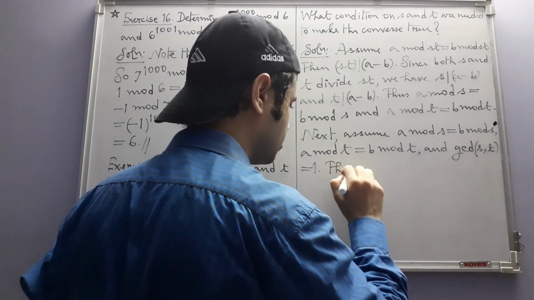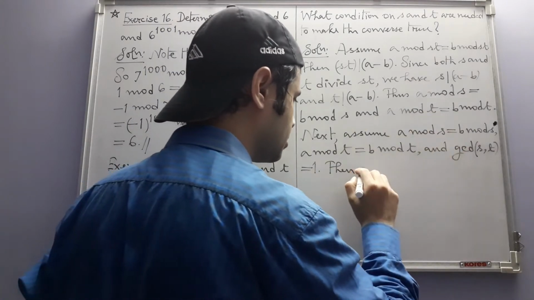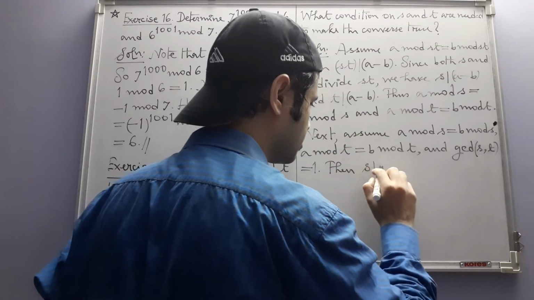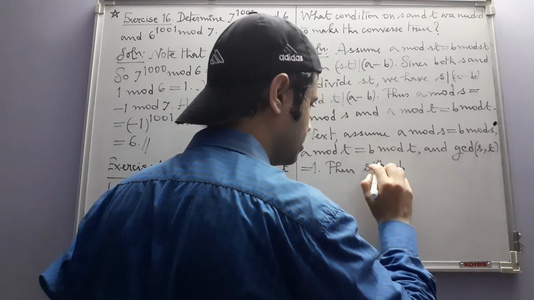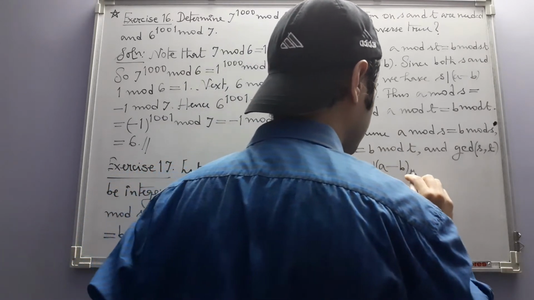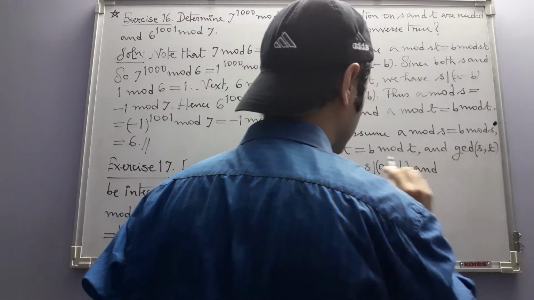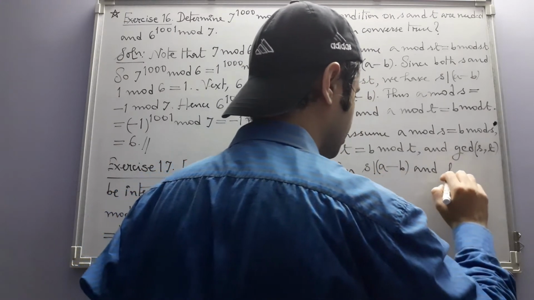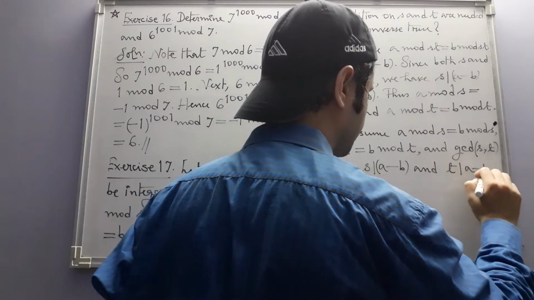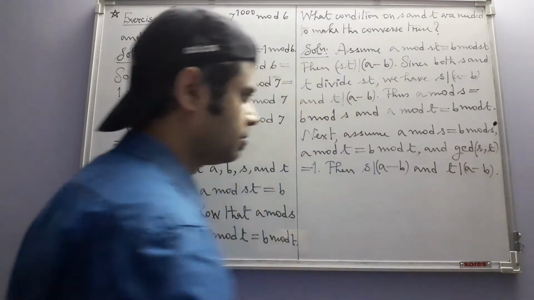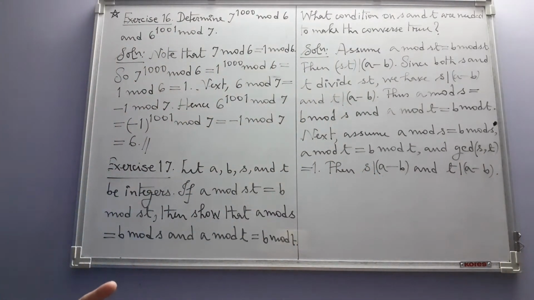Then from the first equation we simply get this, S divides A minus B. Like that, from the second equation we get T divides A minus B. Now the extra condition will allow us to write the relation that ST also divides A minus B. But how?